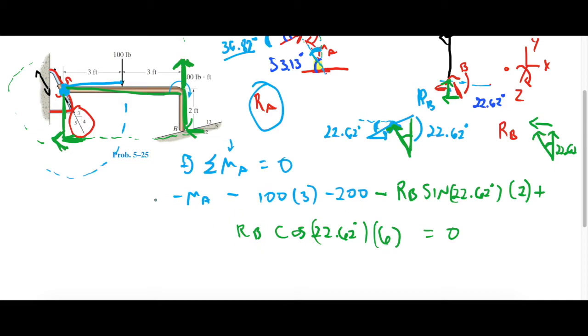Okay, so this is just an equation. Let's keep going. Sum of the forces in the x direction, we cannot calculate that. We only have two unknowns in one equation. We have to jump to the next one.